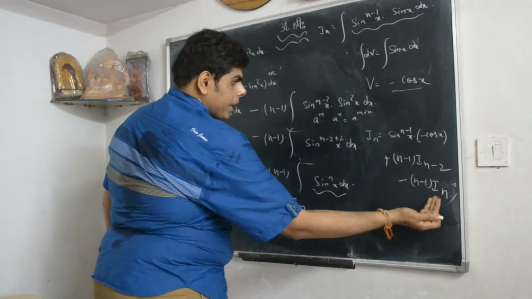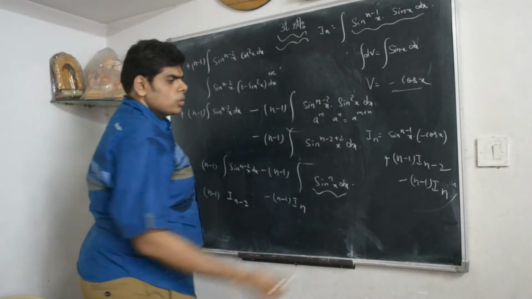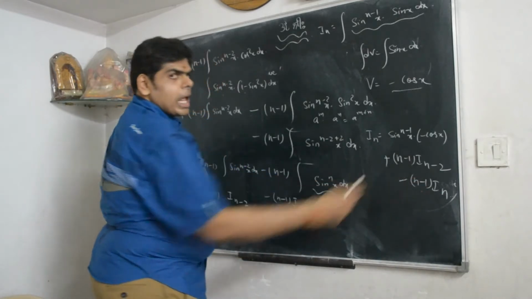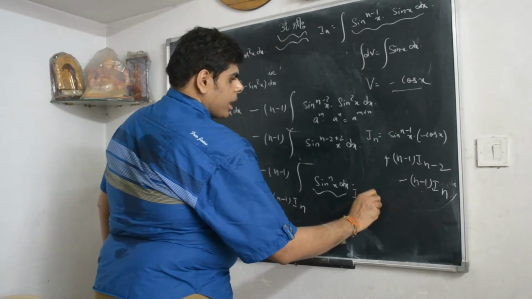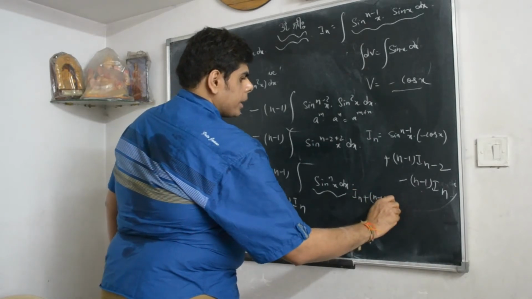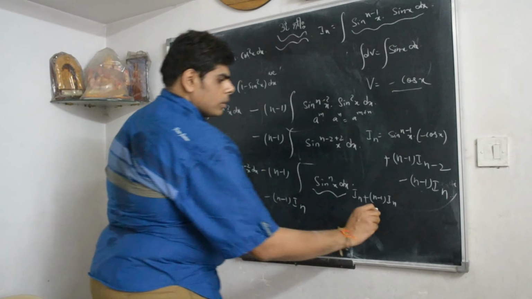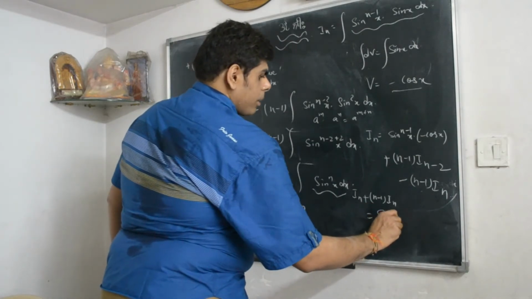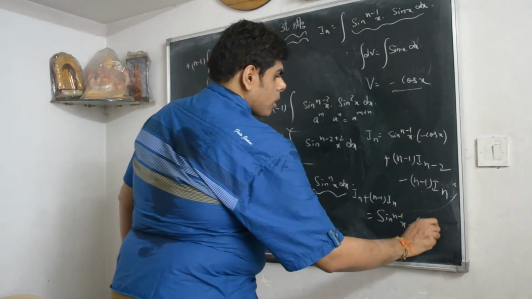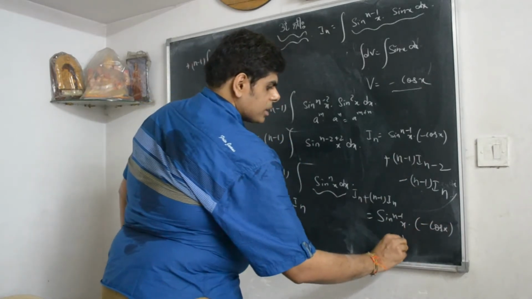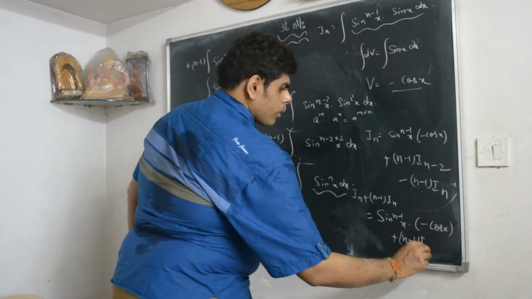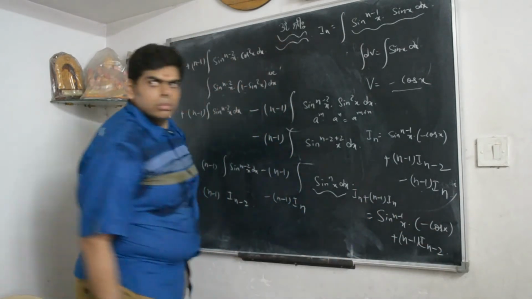I shift this I_n to the left-hand side so that I can take I_n common. So I_n plus n minus 1 into I_n will be equal to sin^(n-1) x into minus cos x plus n minus 1 into I_(n-2).